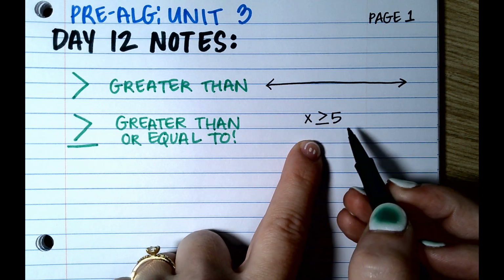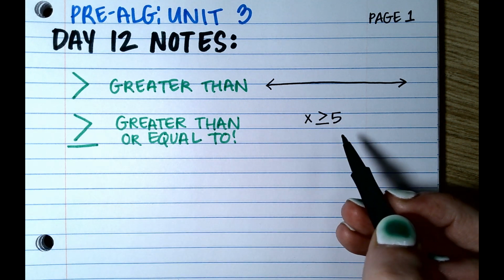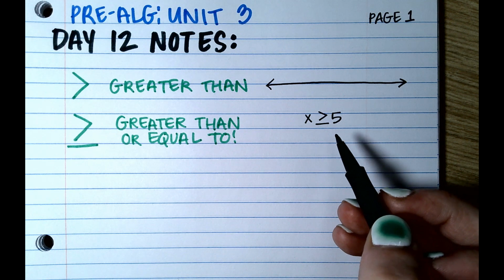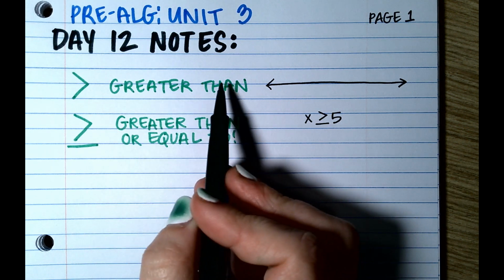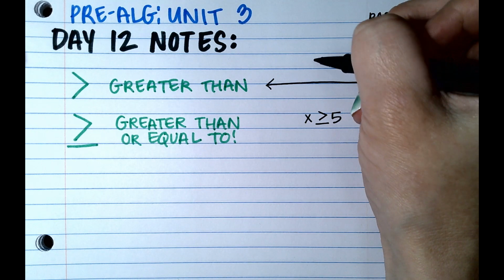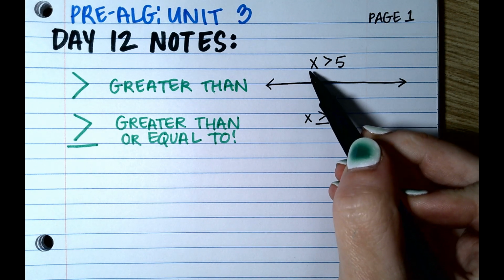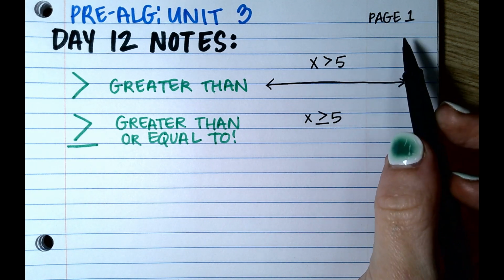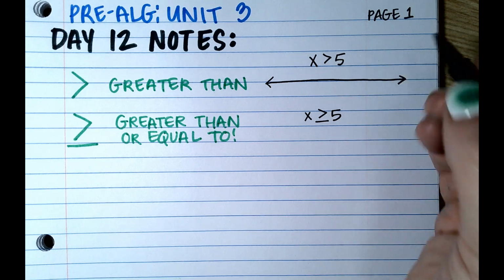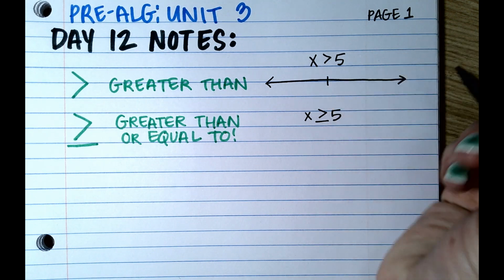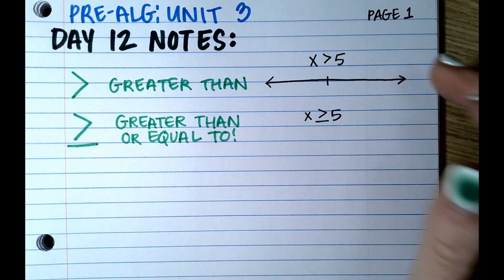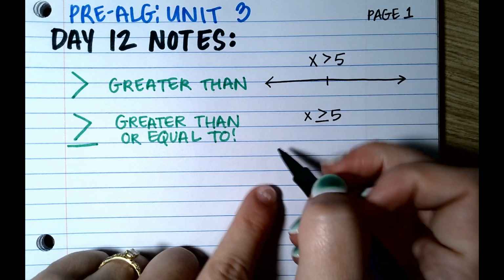X can also be 5. It can be 5 or anything bigger. So with just greater than, like if I did x is greater than 5, x has to be bigger than 5. It can't be 5. And this is where it'll make more sense when we draw the picture with it, I think.